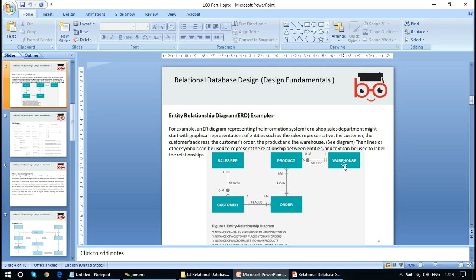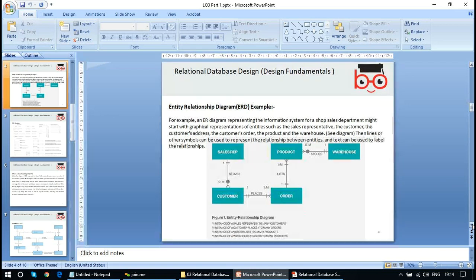Those were the entities along with the attributes, and the relationships between them. But those entities were given just the names. For example, this is an entity, this is an attribute, and that's the relationship.